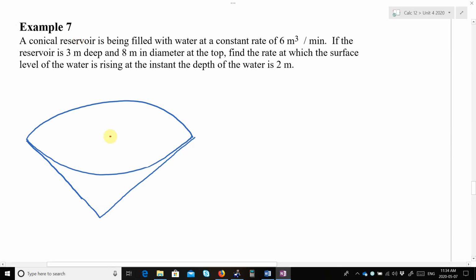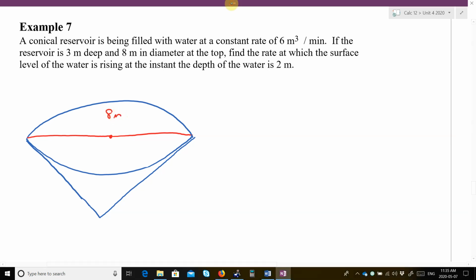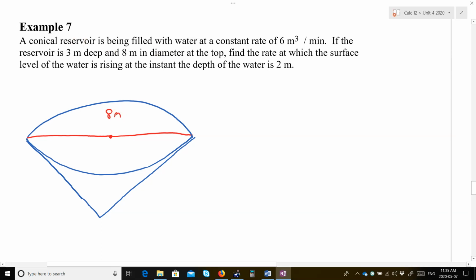It is 8 meters in diameter. Let's keep this blue. Eight meters in diameter. And the height will be like that. And it says it's 3 meters deep.